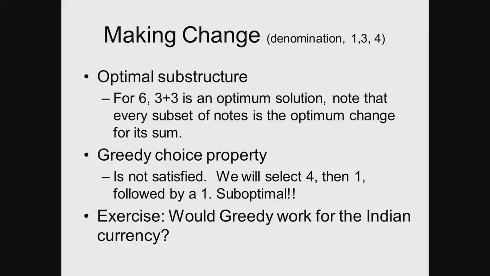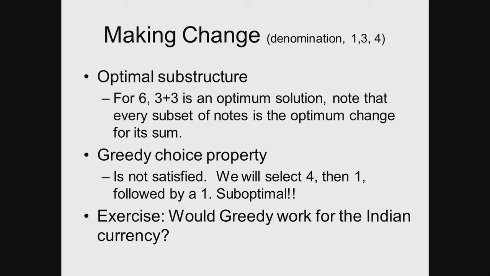We have seen this example of the change making problem, and we wonder whether it has the greedy choice property. We have already observed that if the denominations are 1, 3 and 4 respectively, if you take an optimum solution, let us take the optimum solution for 6 in this example, which is 3 plus 3, note that every subset of nodes is the optimum change for its sum.